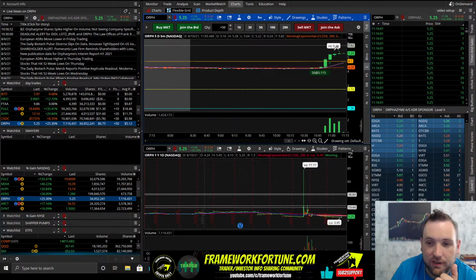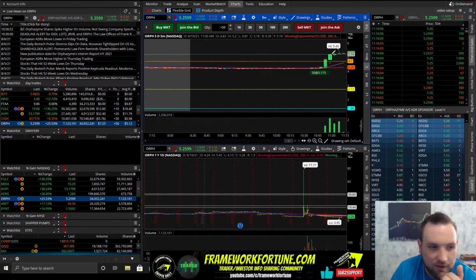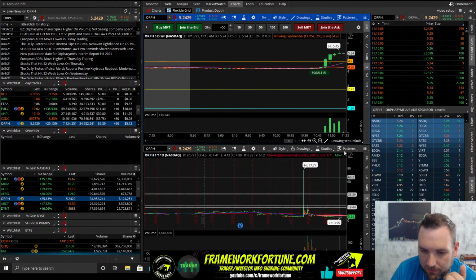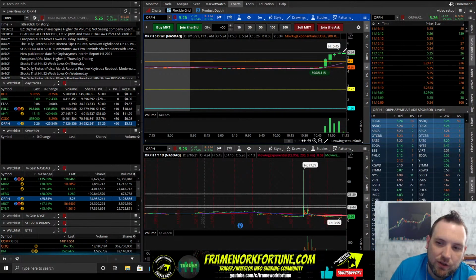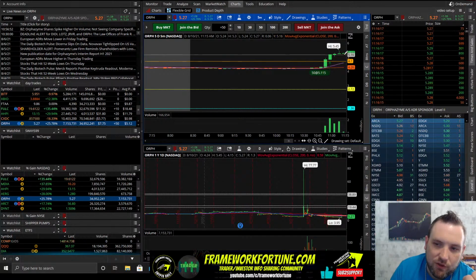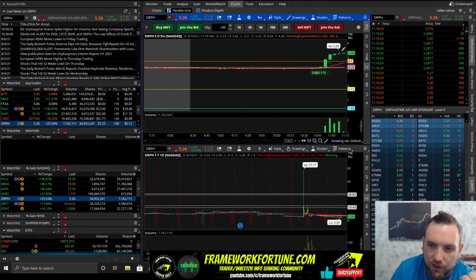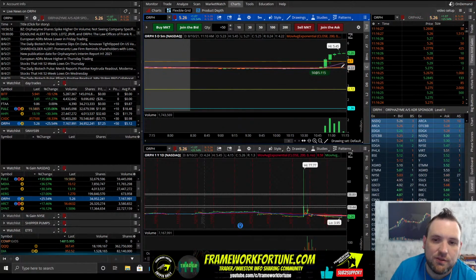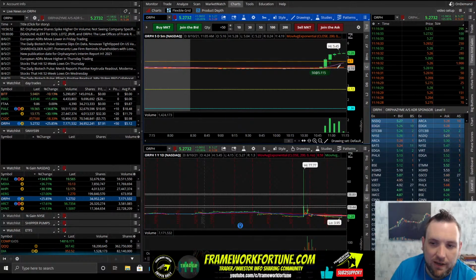It's getting held up there because a lot of sellers are sitting there, because 25 cents, we know, is a resistance line. So even though there's buyers coming in at 5.25, there's still sellers that have been coming in at 5.25 holding it up. And there's more bigger orders for sellers than there is for buyers.